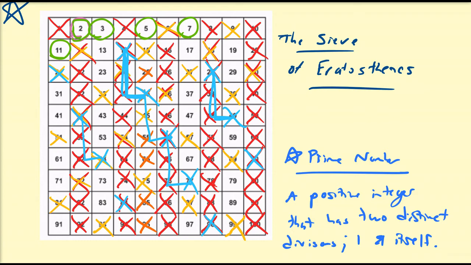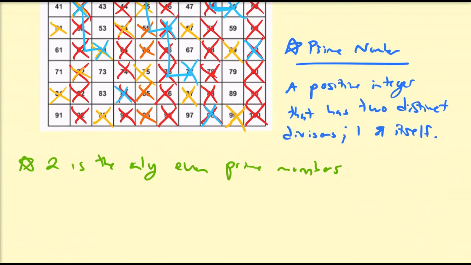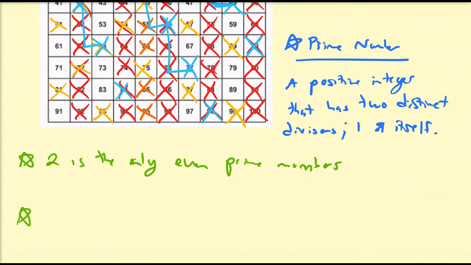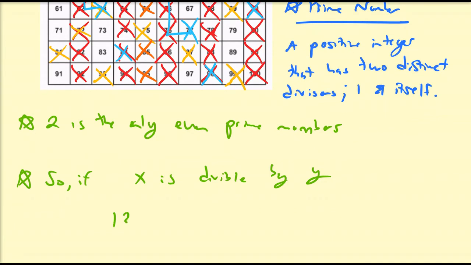Now, if it was divisible by one of those numbers, that means it would be a multiple of that, right? That's an important characteristic of divisibility. If x is divisible by y, so we're looking at something like 12 divided by 4, because 4 clearly divides into 12 evenly, then x is a multiple of y.